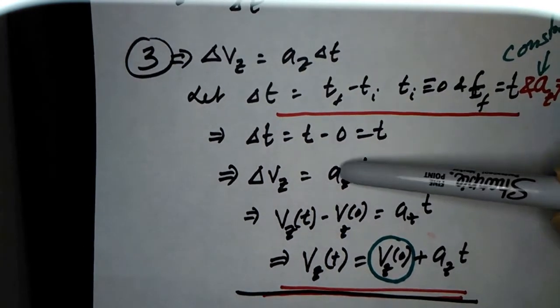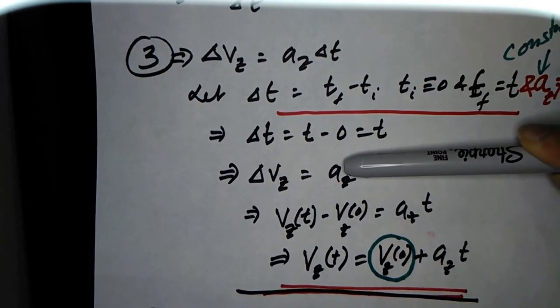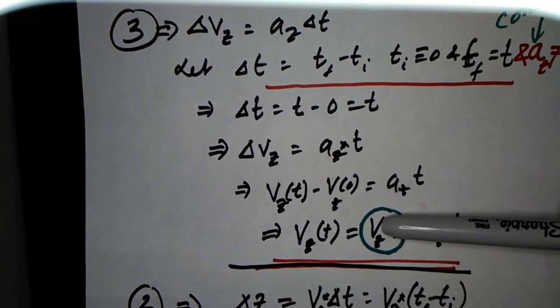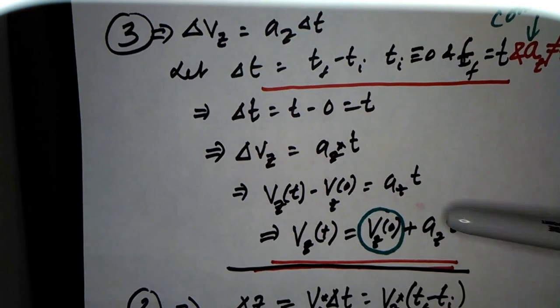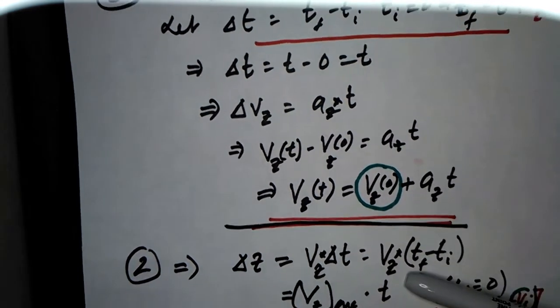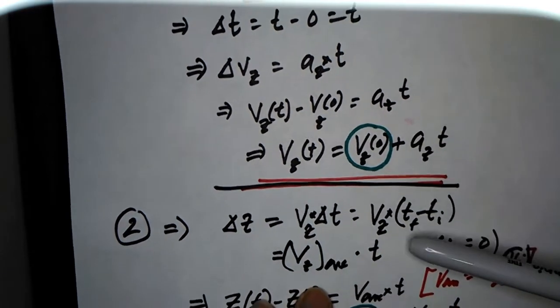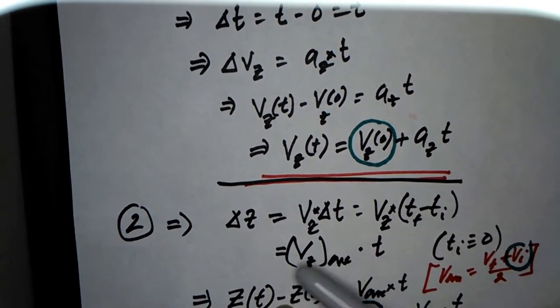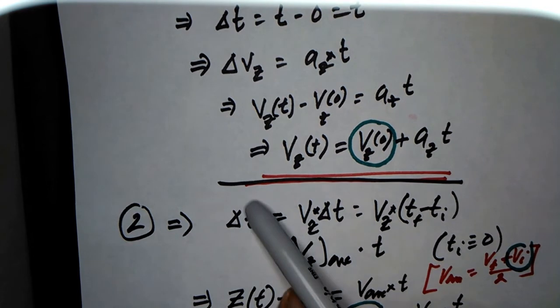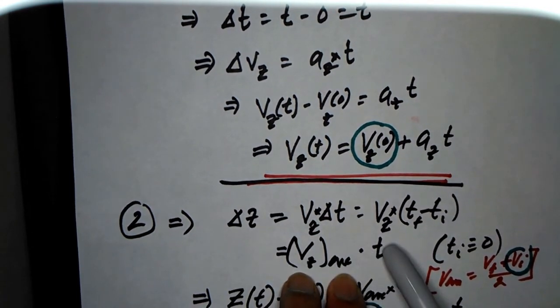That question didn't arise here. Why? Because A is a constant. Here Vz is not a constant, as we see here explicitly. Even if A is constant, V will not be a constant. So once again, calling initial time equal to 0, final time equal to T, we see delta Z is Vz average sometime.